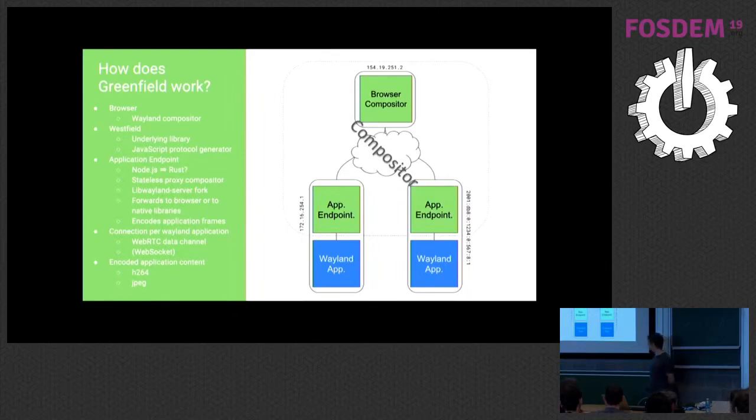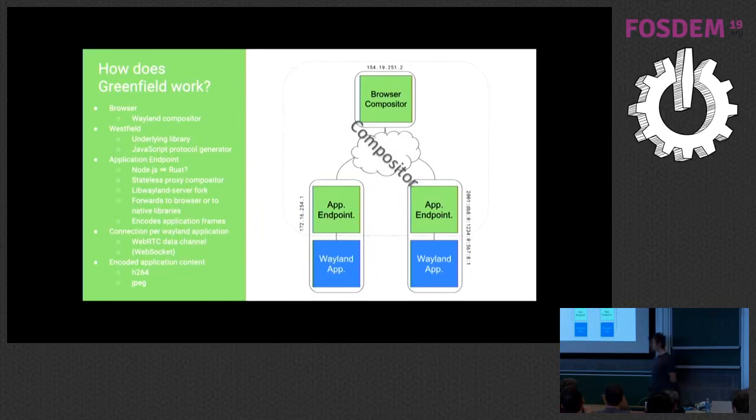The application endpoint, as stated, uses WebRTC. You could also use WebSockets. The WebRTC implementation was done because it was relatively easy to do. You can also use WebSockets because WebSockets are not tied to the same origin policy as ordinary HTTP requests, or at least that's what I've been told. So you could also use that, say if you want to get rid of some ugly firewalling.